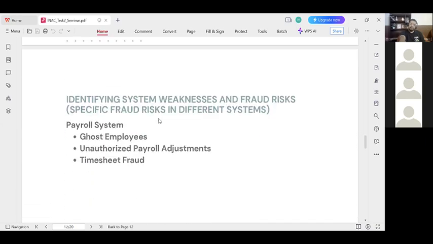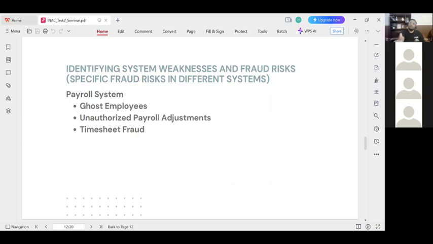Okay. Now we are going to talk about identifying system weaknesses in specific systems. Like if we talk about payroll systems, in a payroll system there is a risk of having ghost employees. For example, an HR person might add a fake employee and collect their paychecks.